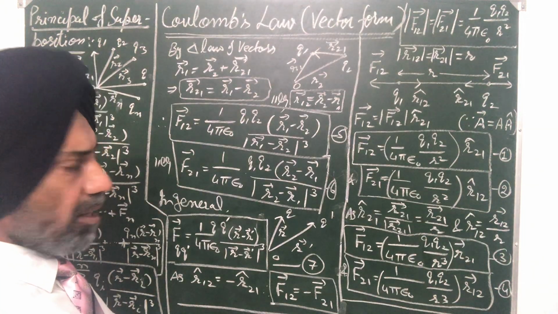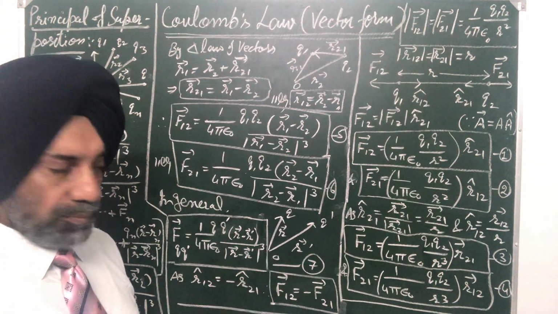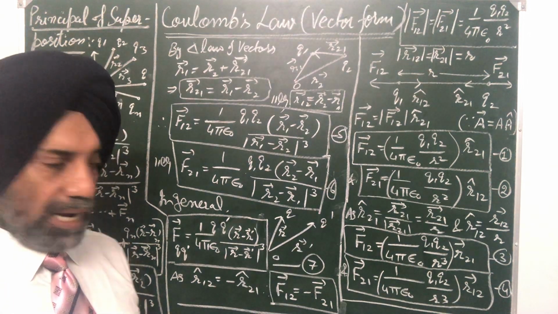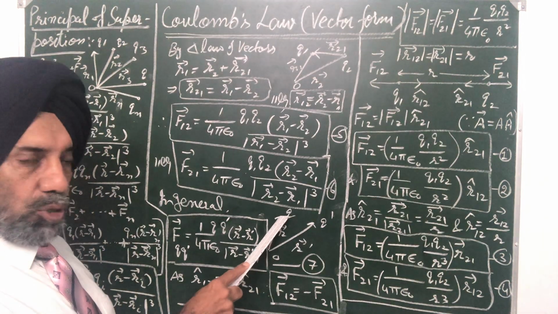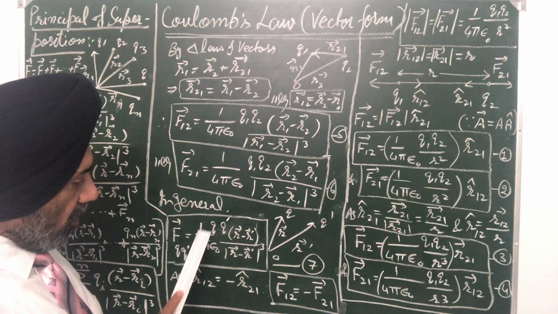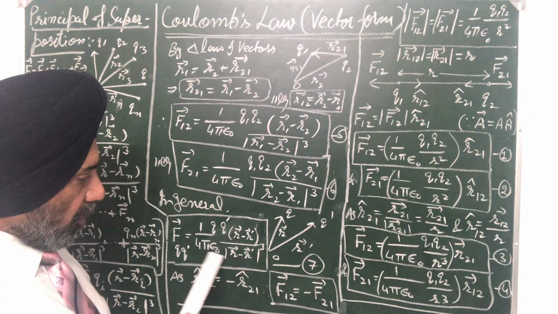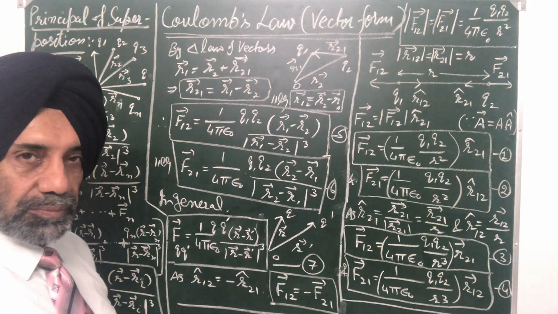So it means in general, if we have any point charge Q at position vector R and charge Q dash at position vector R dash, then force experienced by Q due to Q dash will be equal to 1 upon 4 pi epsilon naught Q Q dash upon R minus R dash mod cube into R minus R dash.